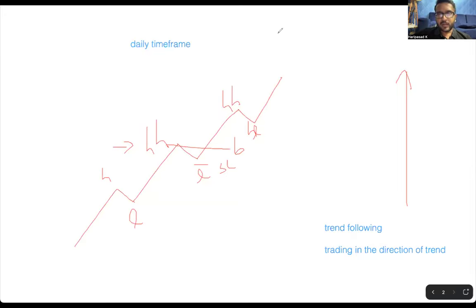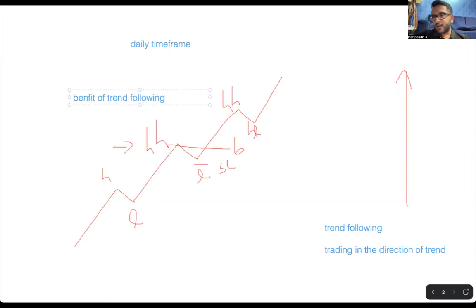So when we speak about a trend following approach, can you please tell me what you think is the benefit of taking a trend following buy? This kind of trading is what we refer to as trend following.